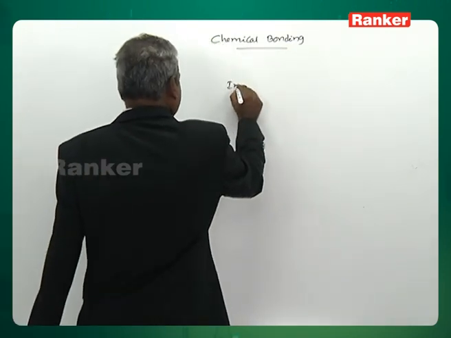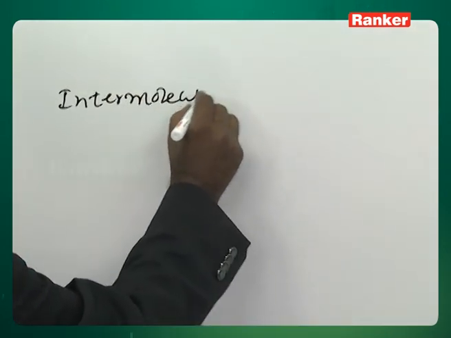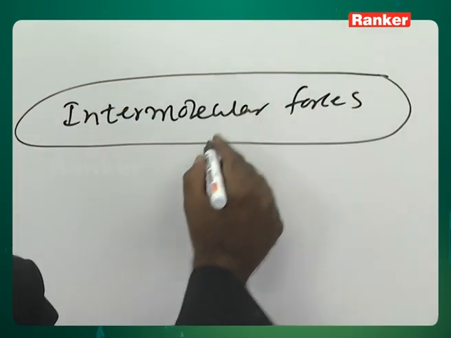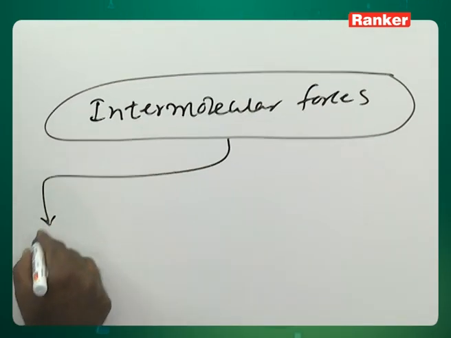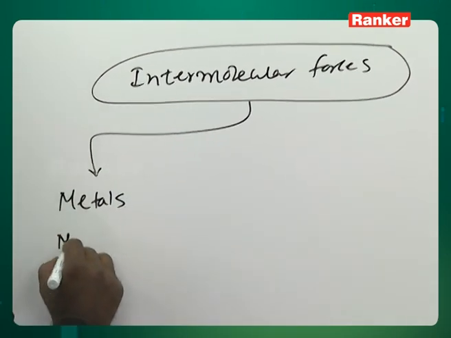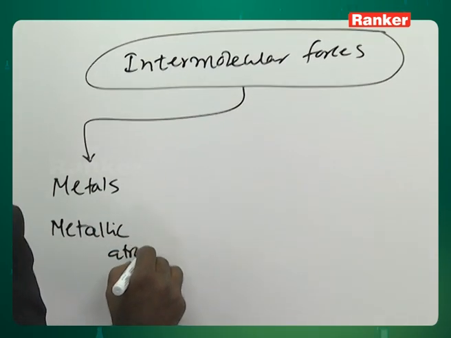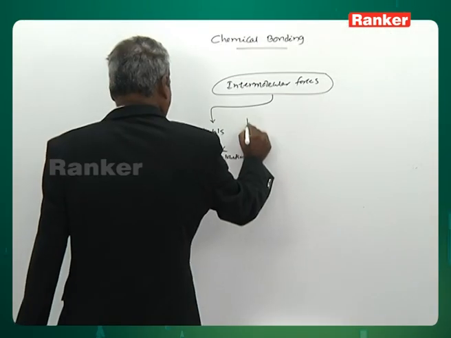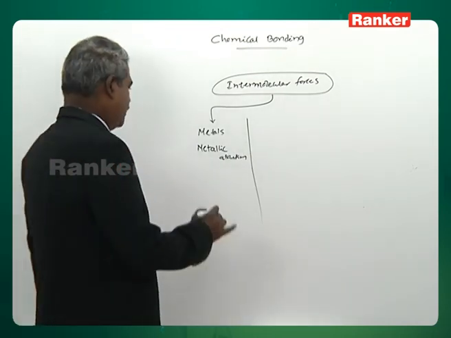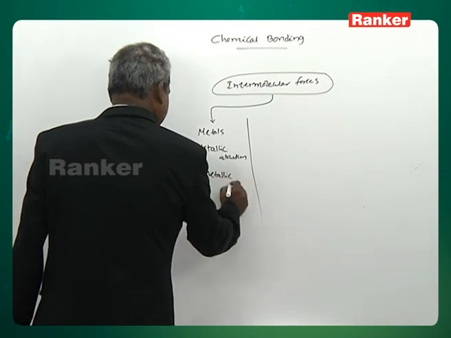Intermolecular forces, we can classify. Intermolecular force of attraction: we have metals, which have metallic attractions, and the bond existing there is called metallic bond.